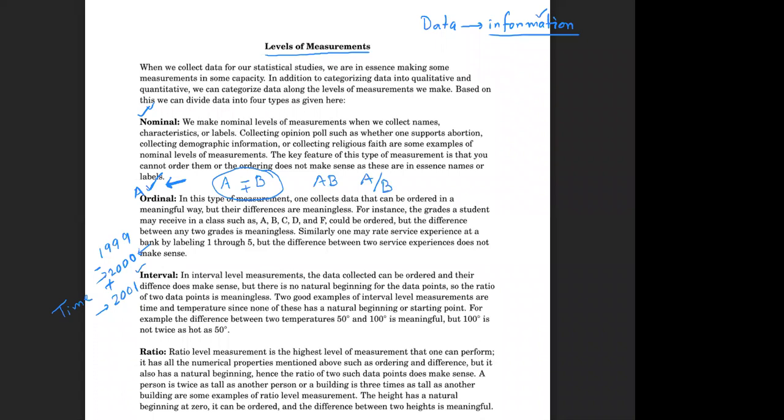The answer is no, it doesn't. So in this case, you can order the data sets, right? This type of measurement, you can order it, but you cannot add or subtract. Those things don't make sense. Here you can order it and also add, subtract, okay?